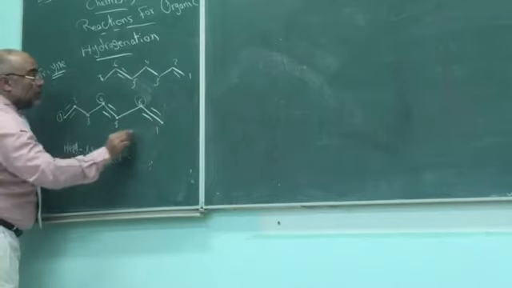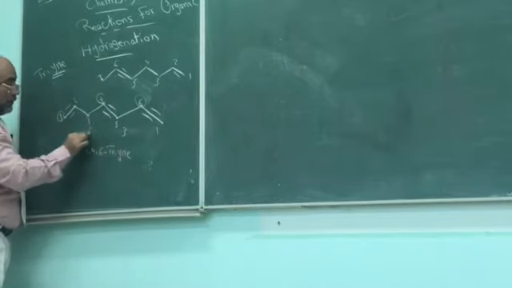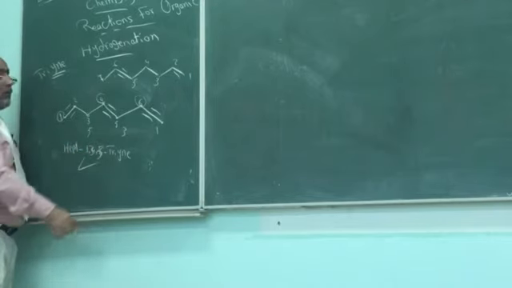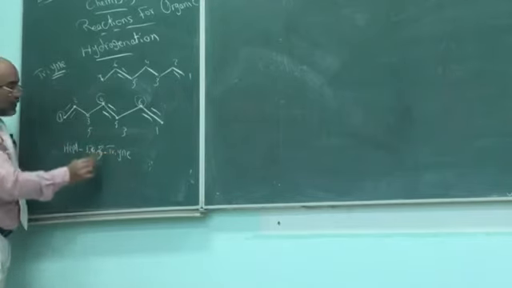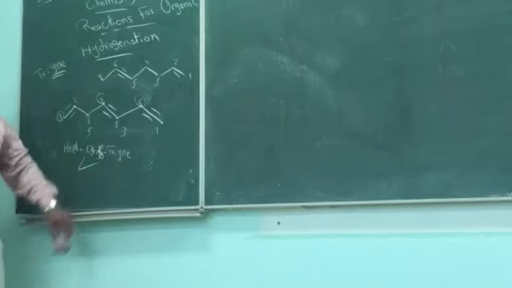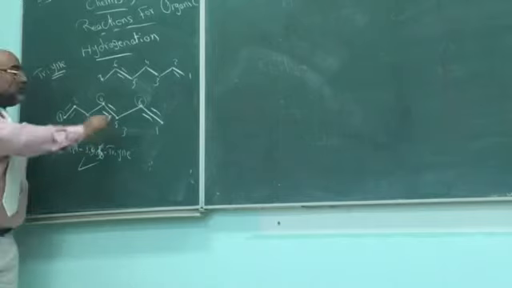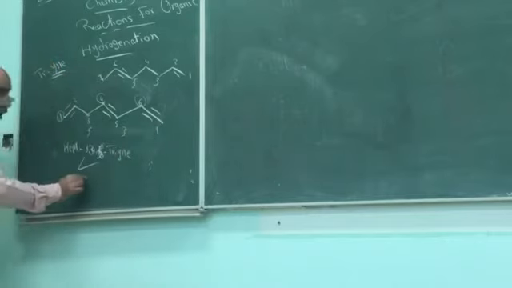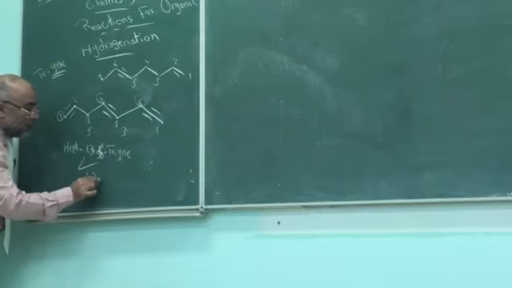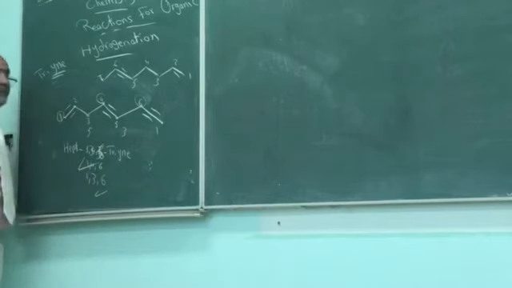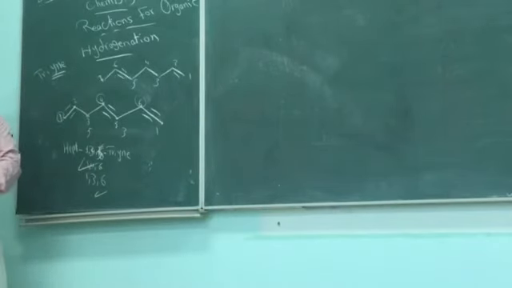Yes, 1, 3, 5. That's better. 1, 3, 6. 6 is better. Right, Mr. Ahmed? 1, 3, 6. So we can write here 1, 3, and 6, not 1, 4, 6. To the lowest number. Thank you.